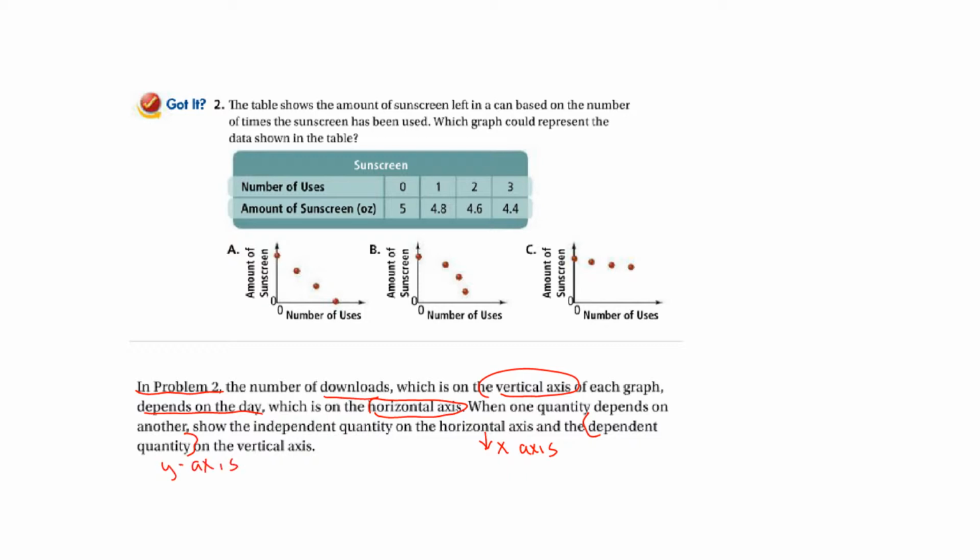So if I have an X and a Y axis, on my X axis I would have my independent, and on my Y axis here I'd have my dependent variable. So your dependent variable is on the vertical axis and your independent is on the horizontal axis.